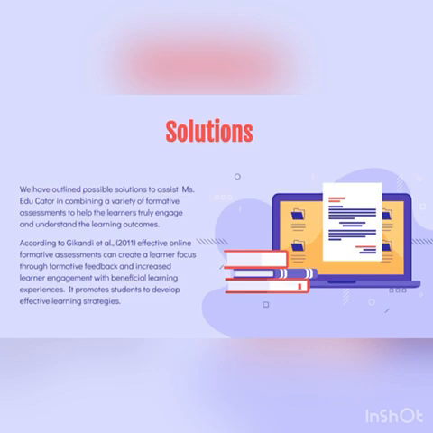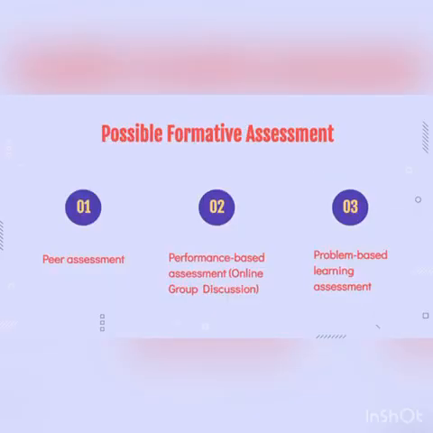Ongoing assessment activities and interactive formative feedback have been identified as essential features that can overcome challenges to validity in the context of online formative assessment. Possible formative assessments Miss Educator can use could be peer assessment, performance-based assessment, and problem-based assessment.